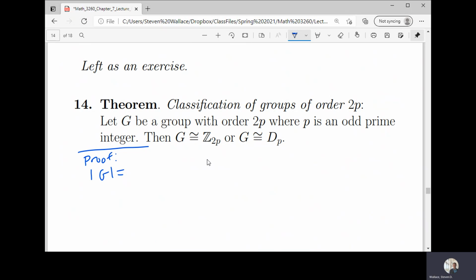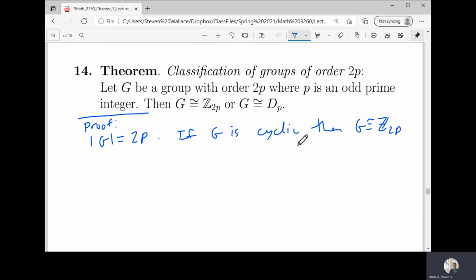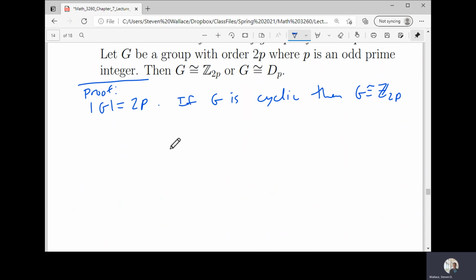So let's let the order of G be 2p. If G is cyclic, then G is isomorphic to the integers modulo 2p. We've already shown that, right? If you have any cyclic group of order n, it's isomorphic to Z mod n. Okay, so then we have no elements of order 2p, right?